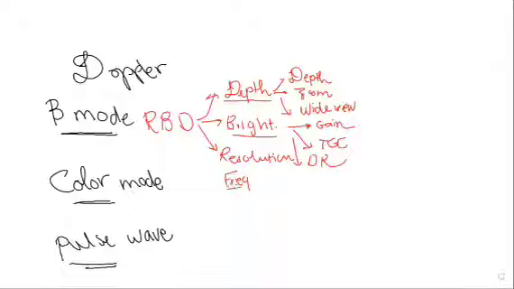This is of special importance. Frequency and the focal zone or your focus, should you want one or two, where you want to put it. And lastly, some other things like tissue harmonic imaging and others. You have to turn it on for a better image. So that was the B mode, and we finished that.